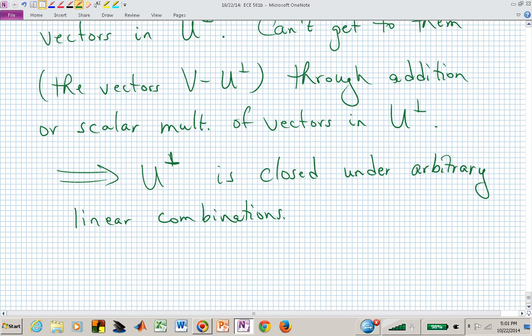So that takes care of the closed behavior of U perp under addition and closed under scalar multiplication. We combine those by saying closed under arbitrary linear combinations. That takes care of both of the closed pieces.